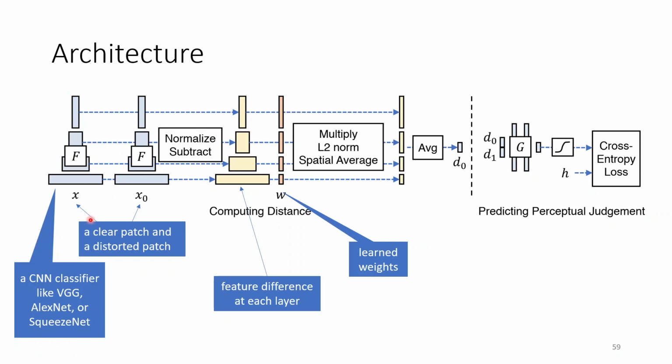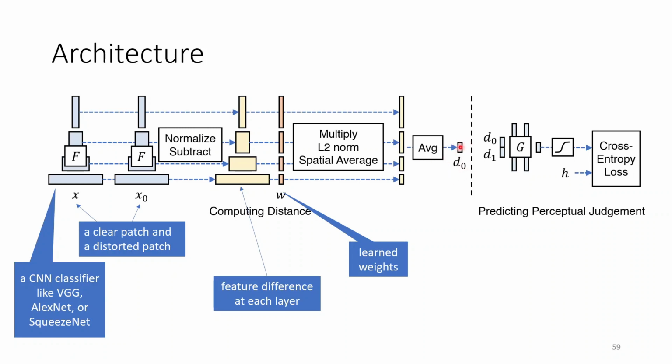They freeze all of those parameters to generate feature maps. For the two patches, they generate two sets of feature maps. Then they compute the differences between those feature maps and learn some weights, so that they convert those differences of feature maps into a single value.